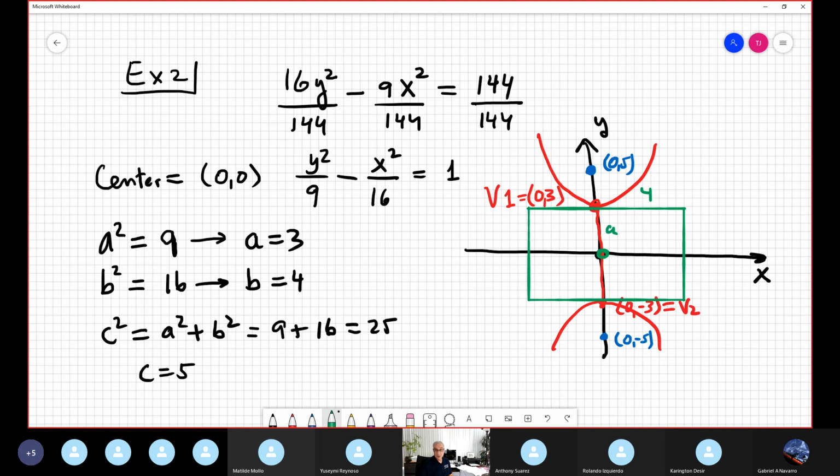You compare: a here gets 3 in our example, and b here gets 4. The dimensions of this rectangle are 8 and 6. And we connect the corners with a dotted line segment, and you extend the asymptotes.